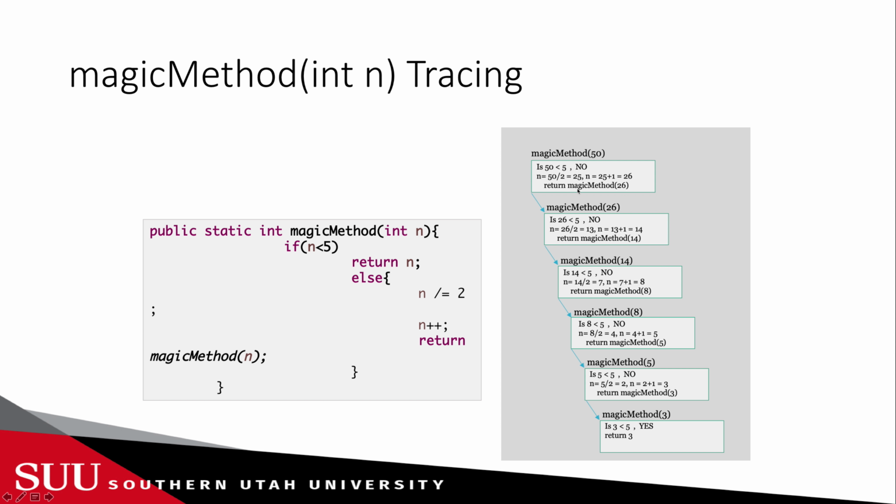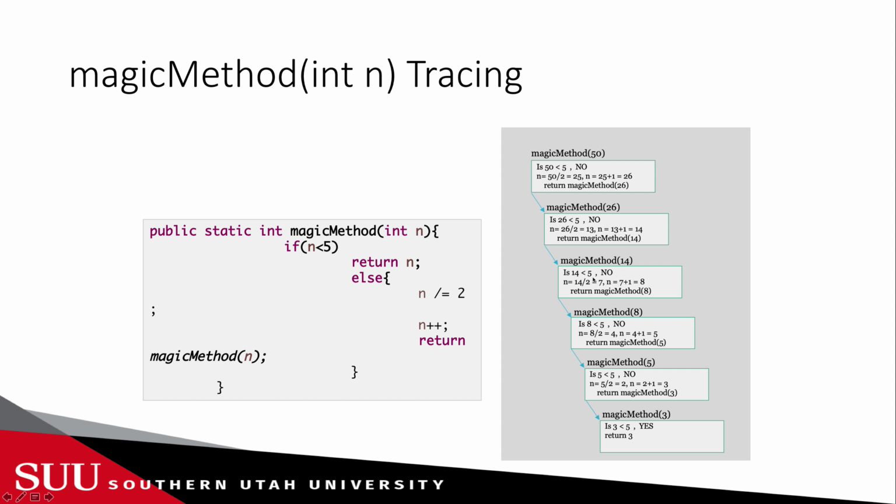I'll get 25, and then I will add 1 to it, which is 26, and I will call my method again with 26. Now, is 26 less than 5? The answer is no. So I'll divide it by 2, I'll get 13, I will add 1 to it. It's going to be 14, and I'm calling my method with 14.